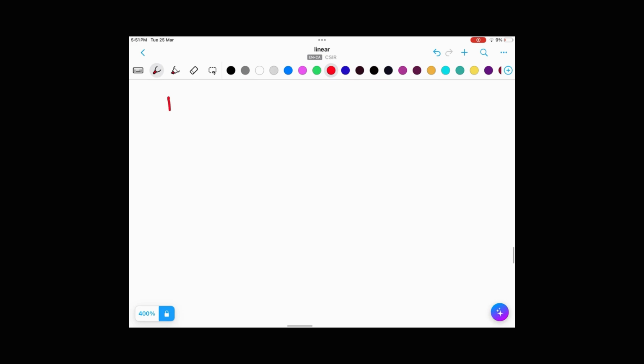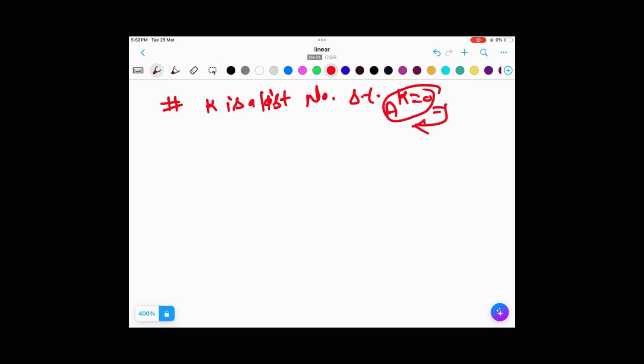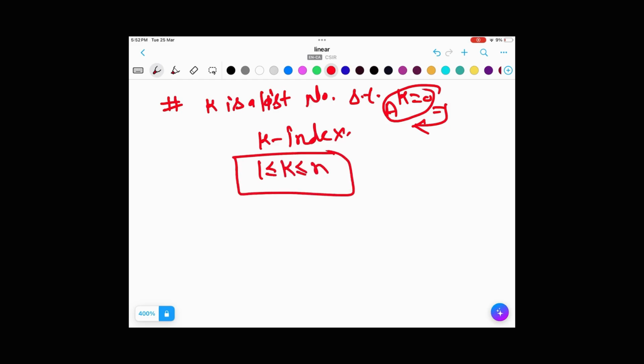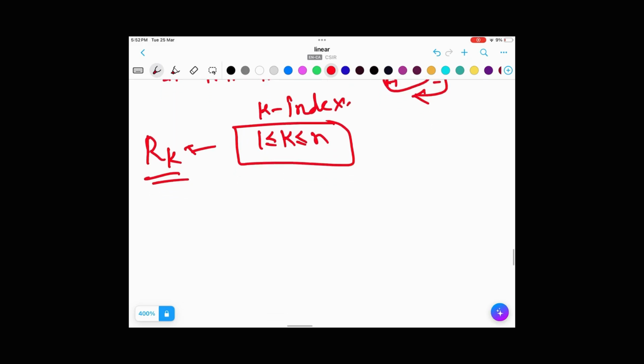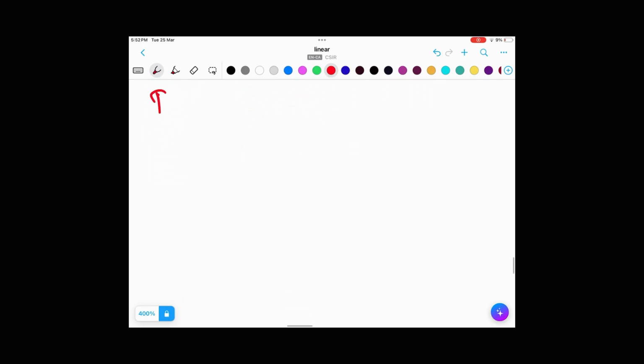Now the properties. k is the least number such that A to the power k equals 0. k is the index, and 1 is less than or equal to k, which is less than or equal to n. This is the range of k.